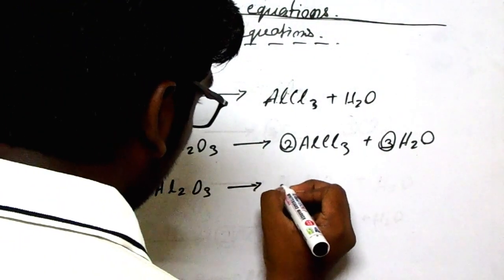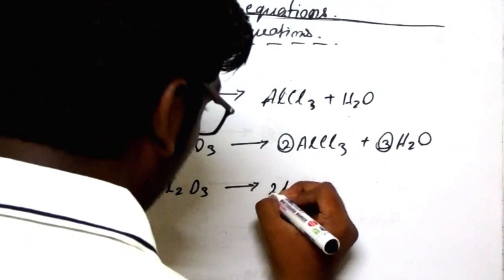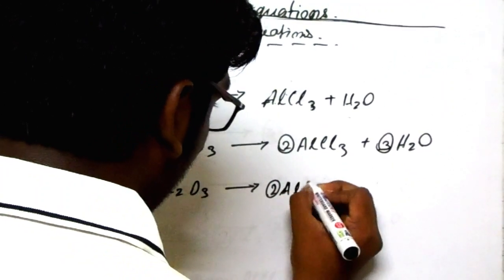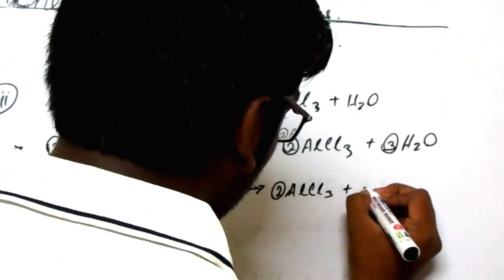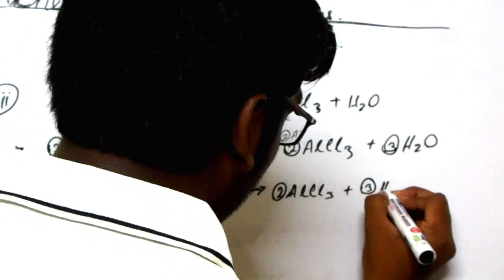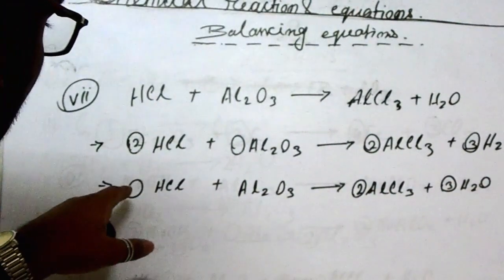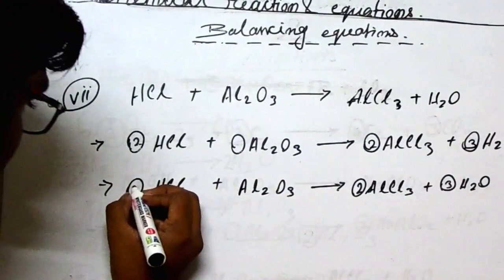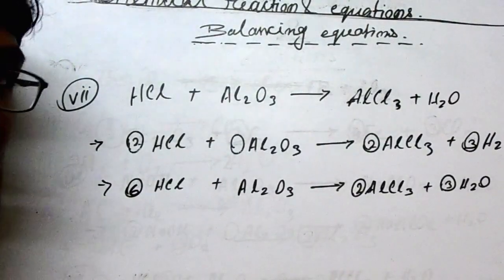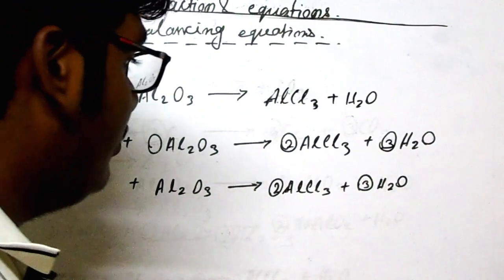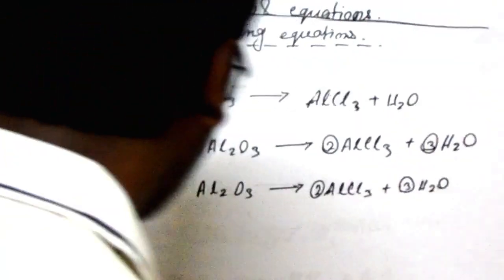Al2O3, AlCl3 plus 3H2. What we will do over here, we will just put simply a 6 over here. Simply a 6. We don't have to work very hard.